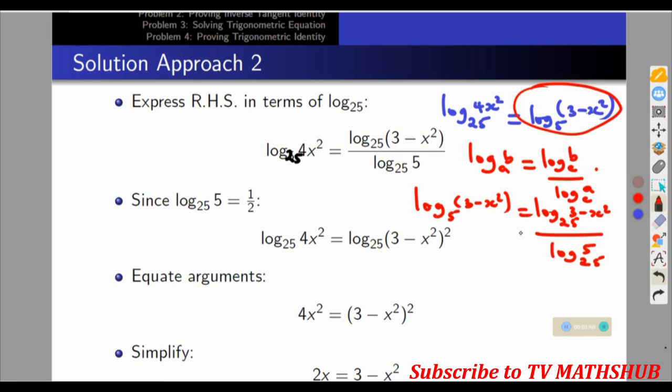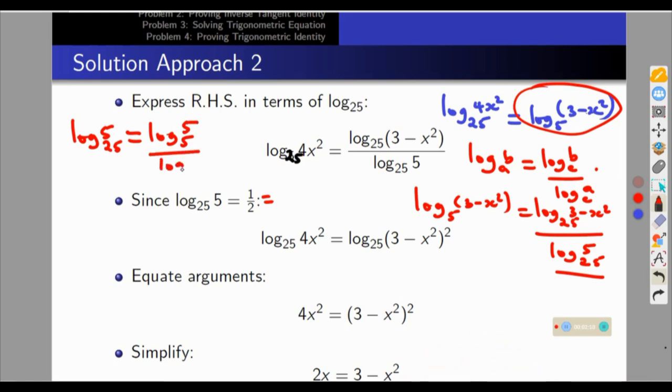So from this given expression, what will be log of 25 of 5? So log of 25 of 5, we are saying is same as a half. But how does this one come? So if you express everything in terms of log of 5, this will be log of 5 of 5 divided by log of 5 of 25.